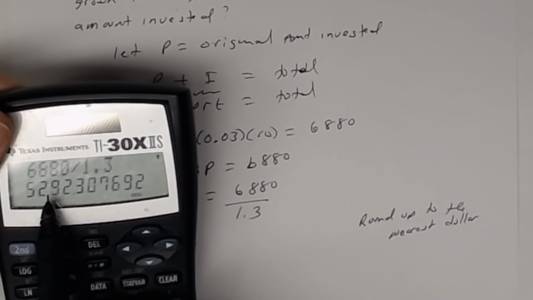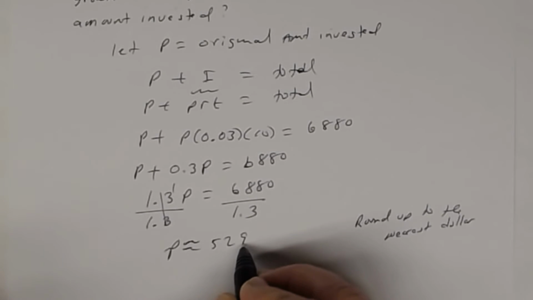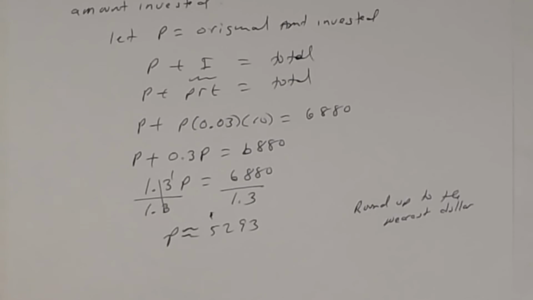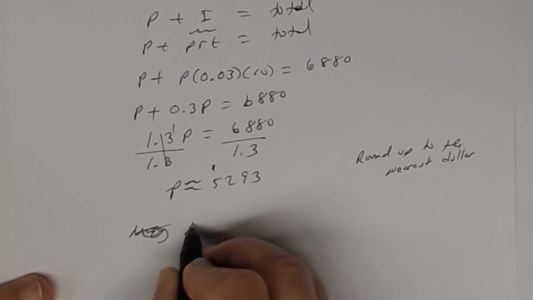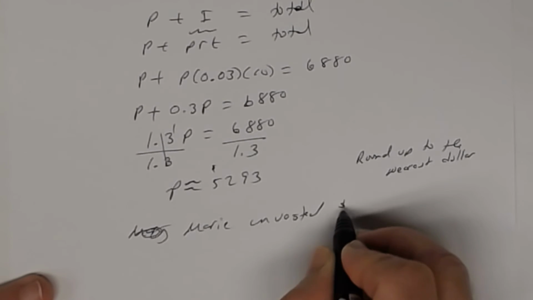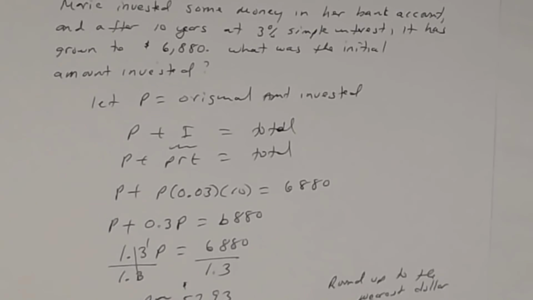So 5,293. So the amount invested, Marie invested $5,293. Okay?